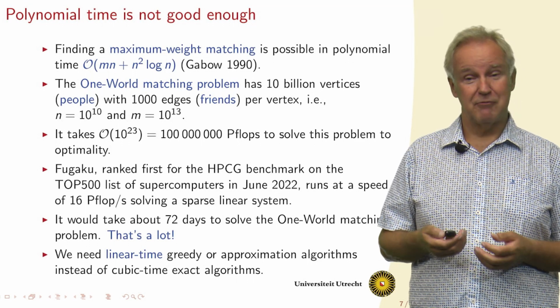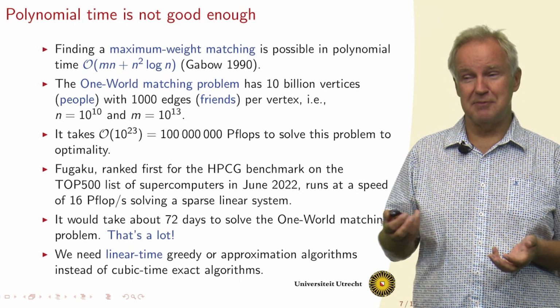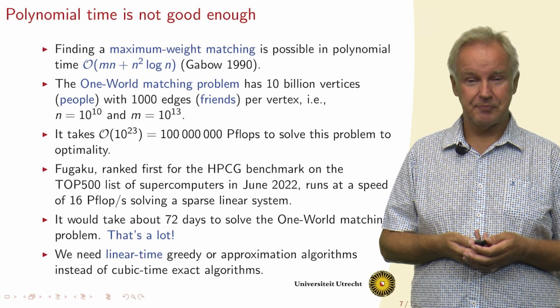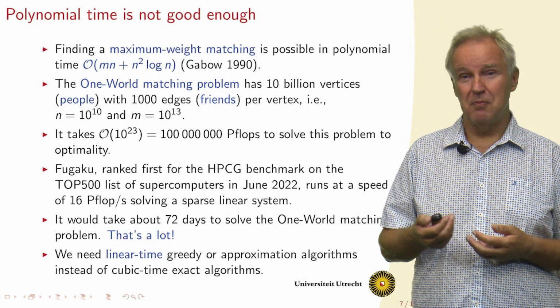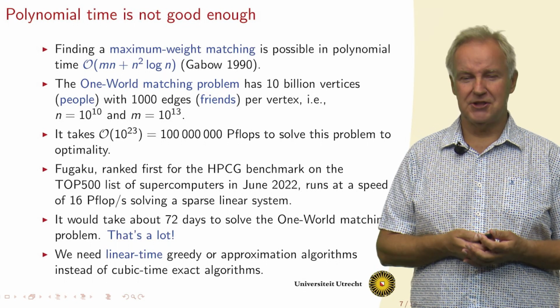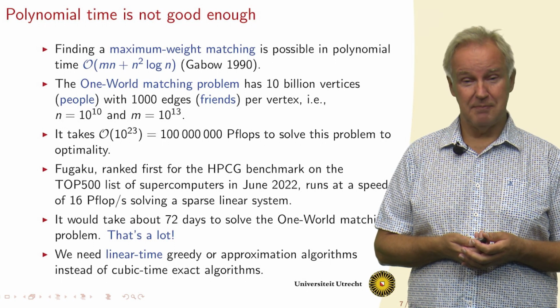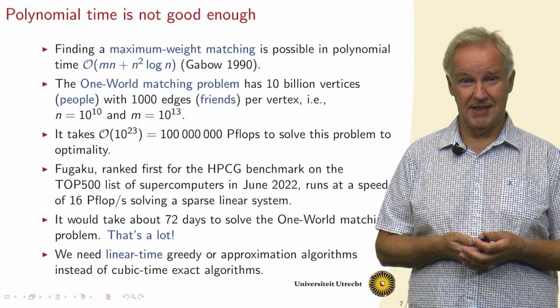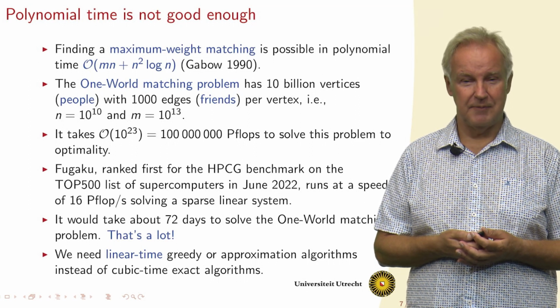For example, if we want to match all people in the world, let's say that's 10 billion vertices, and each has 1,000 friends among which you choose your match, then we have n equals 10 to the power 10, and m equals 10 to the power 13, and this order turns out to be 10 to the power 23.